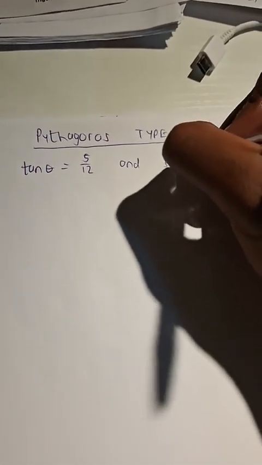Let's say you are given that tan theta is equal to 5 over 12, and we are told that sine theta is less than 0.